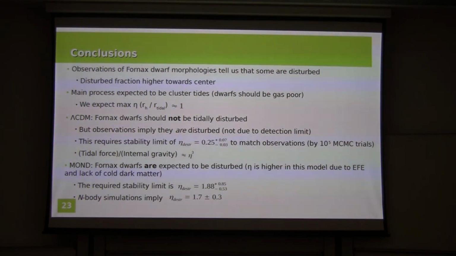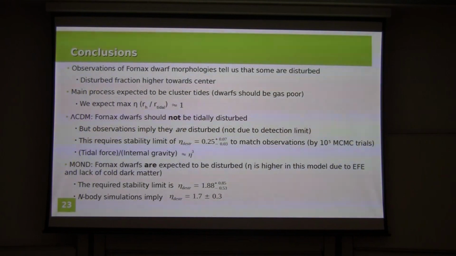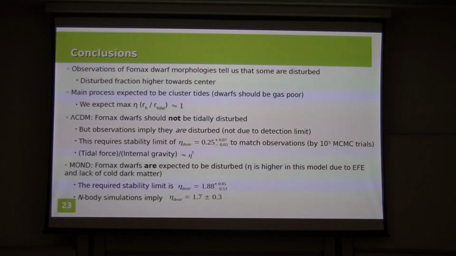Because of this, and because the other processes seem unlikely, we expect that the main process causing this is cluster tides. Intuitively speaking, one would expect that the dwarfs should be either destroyed or very disturbed when their tidal radius is about the same size as their half mass radius, that is, when their eta value is approximately 1.